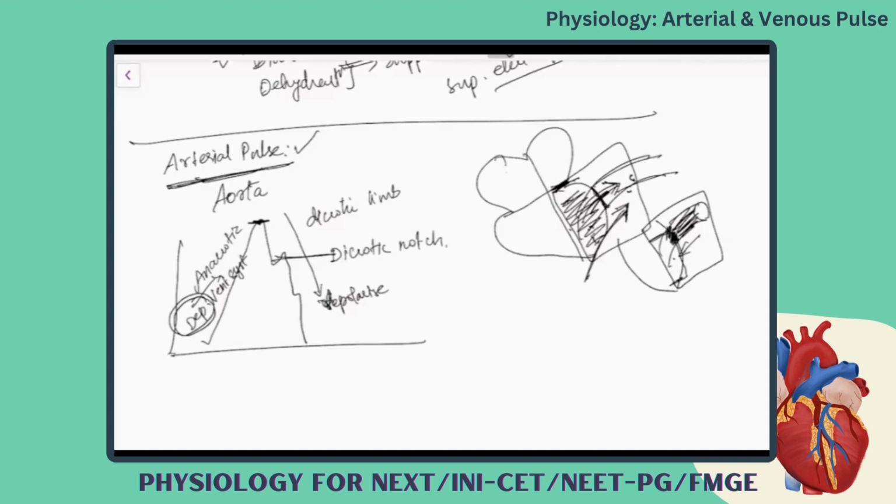Yes, it is making the blood move from the high pressure zone to the low pressure zone. So when you record graphically, you will get the graph that is called as anacrotic limb.